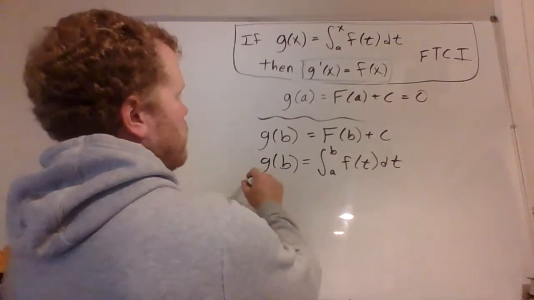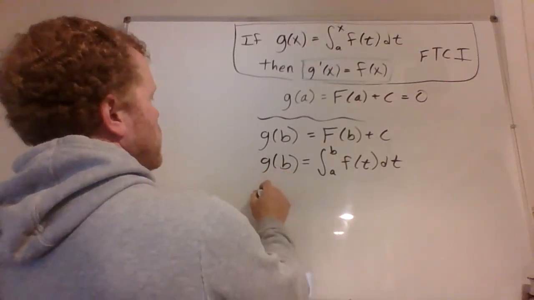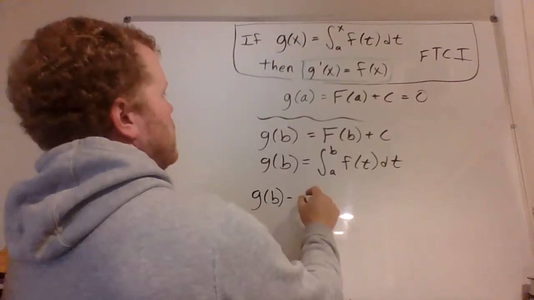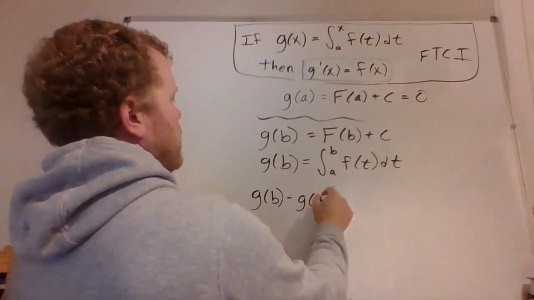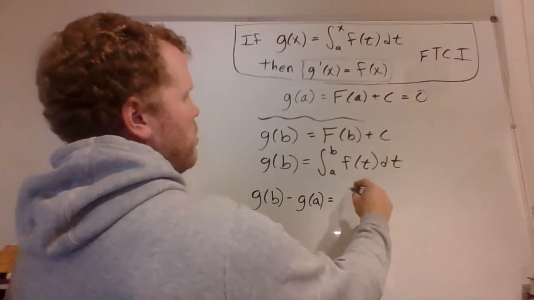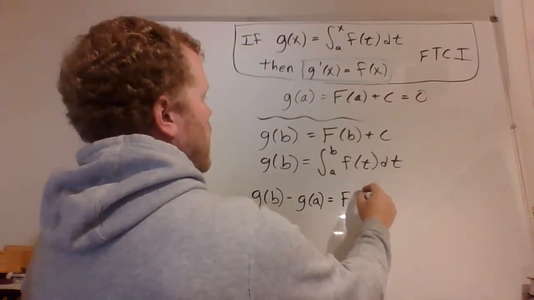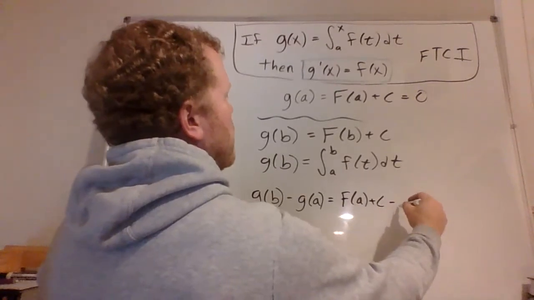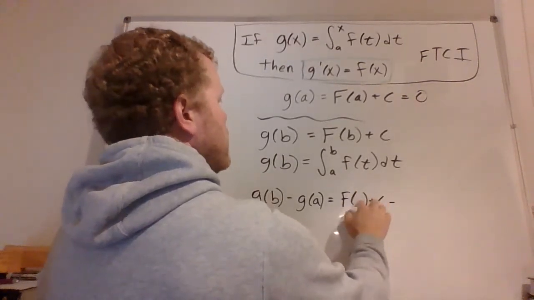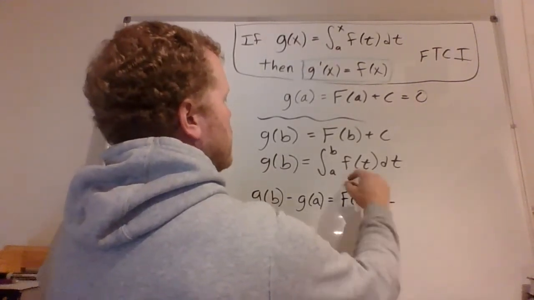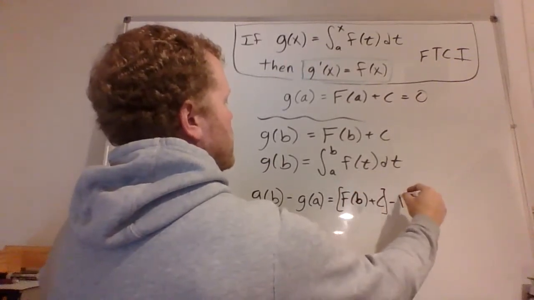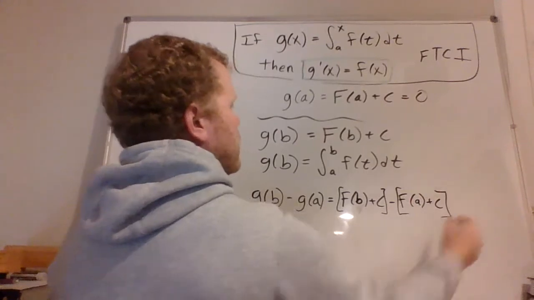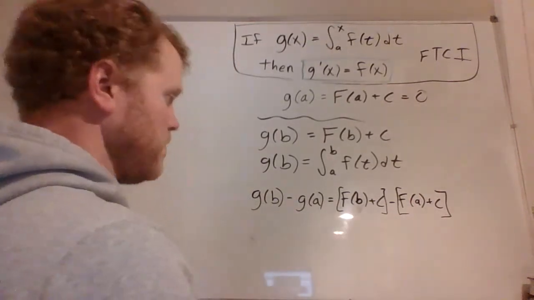So let's wrap these two things up. g of b minus g of a should be equal to F of b plus c minus F of a plus c.